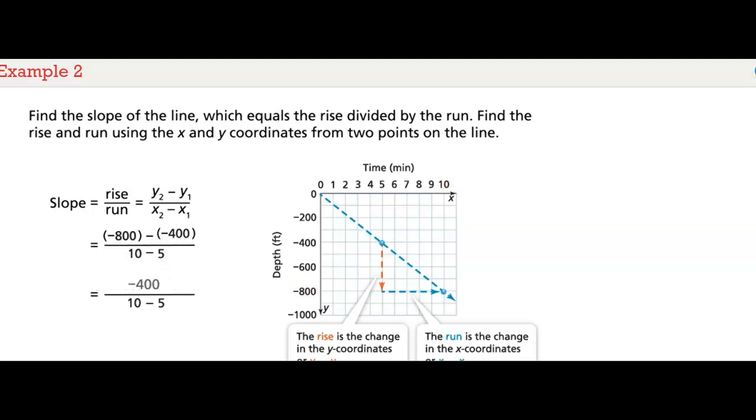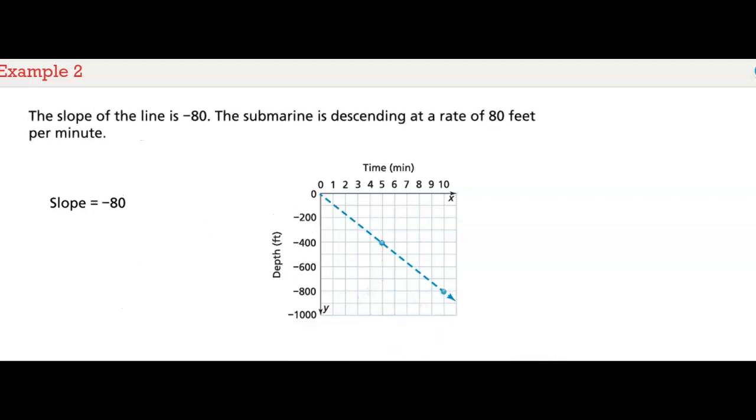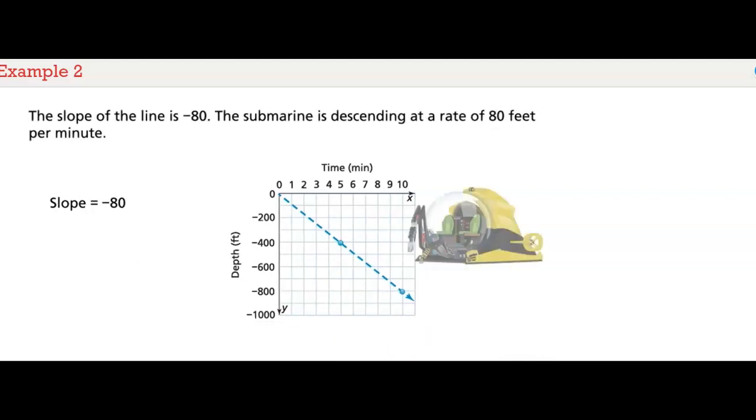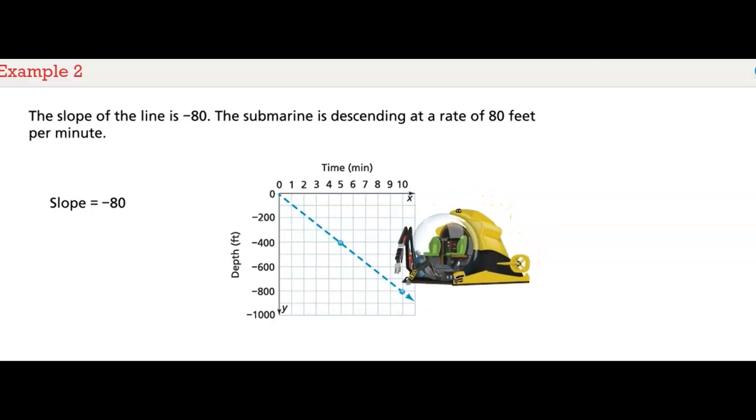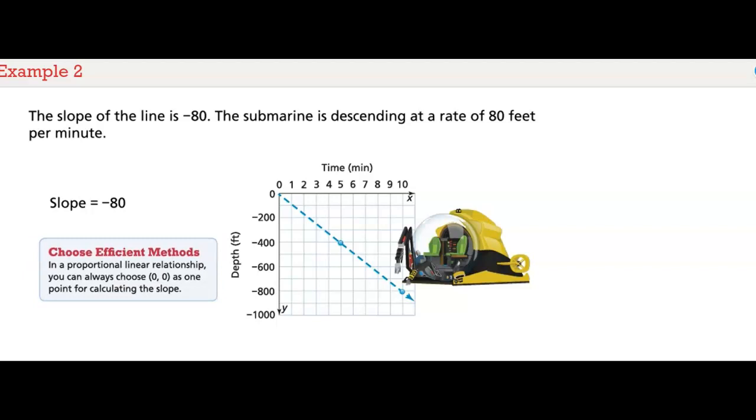The numerator is -400, and the denominator is 5, so the fraction simplifies to negative 80. The slope of the line is negative 80. The submarine is descending at a rate of 80 feet per minute. In a proportional linear relationship, you can always choose the point (0, 0) as one point for calculating the slope.